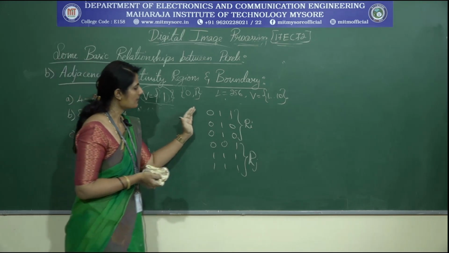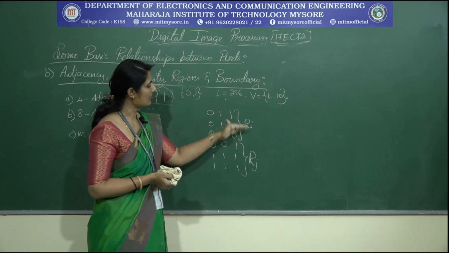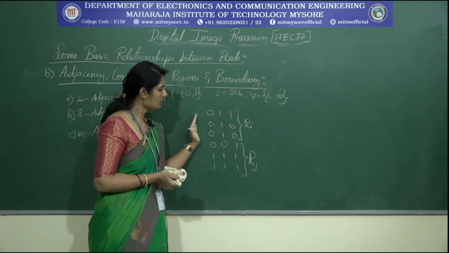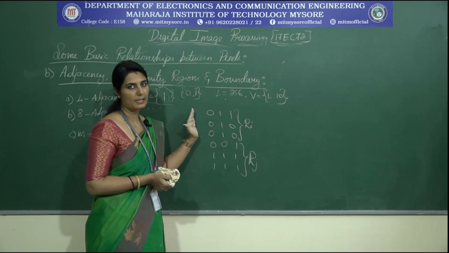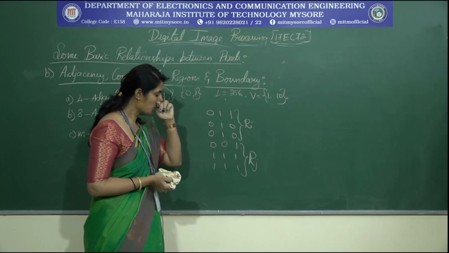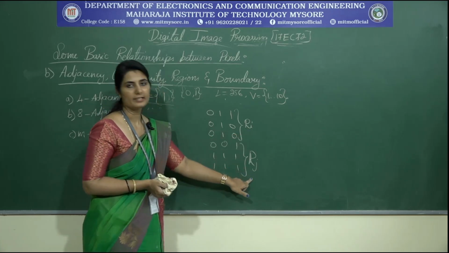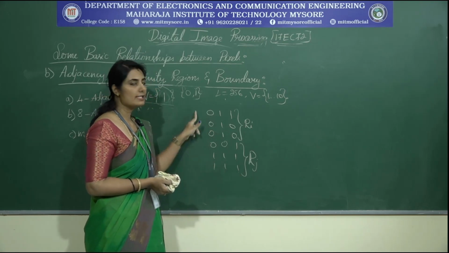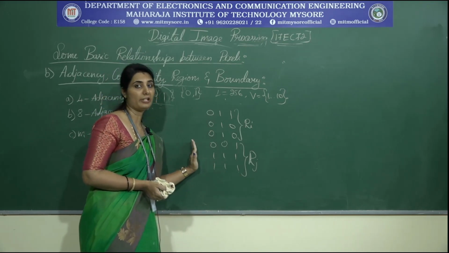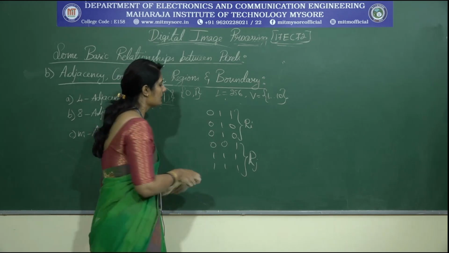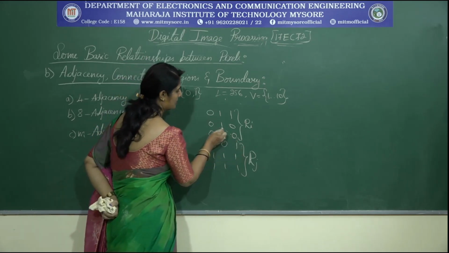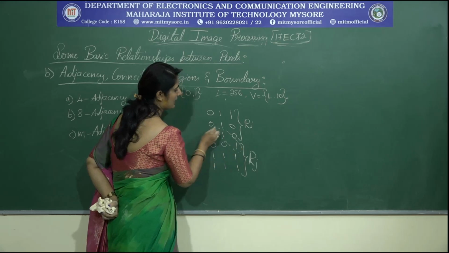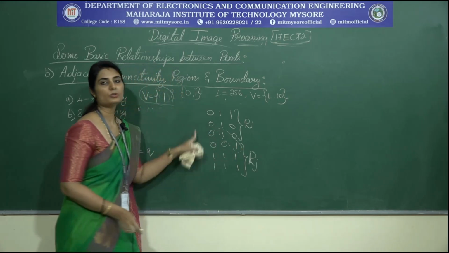The subset of pixels which forms connectivity among themselves is represented by a region. Here there are two regions, region I and region J. These two regions are said to be adjacent regions if there is a connectivity between them.